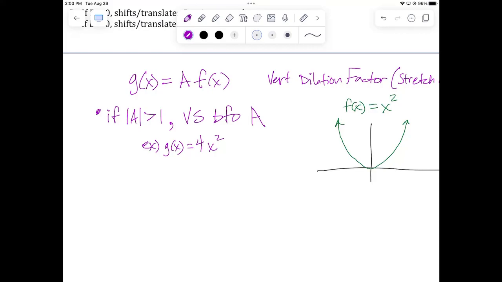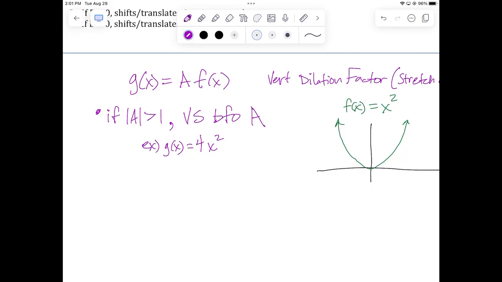Okay, it's outside the function. To be outside the x squared function means to have already squared it. So if you think of your order of operations, you would pick your x value, you would square it next, and now you're outside the function. And the last thing you're going to do to these x squared values before you plot them is make them 4 times bigger.